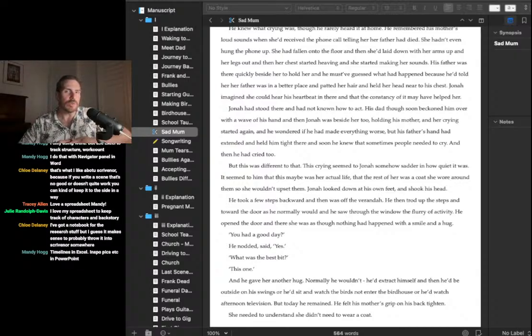He would get an injury to his arm, and I was trying to figure out who got injured where while I was writing, intuitively off the cuff. I found it so difficult. I've got a notebook for the research, so I guess it makes sense to probably throw it into Scrivener somewhere.